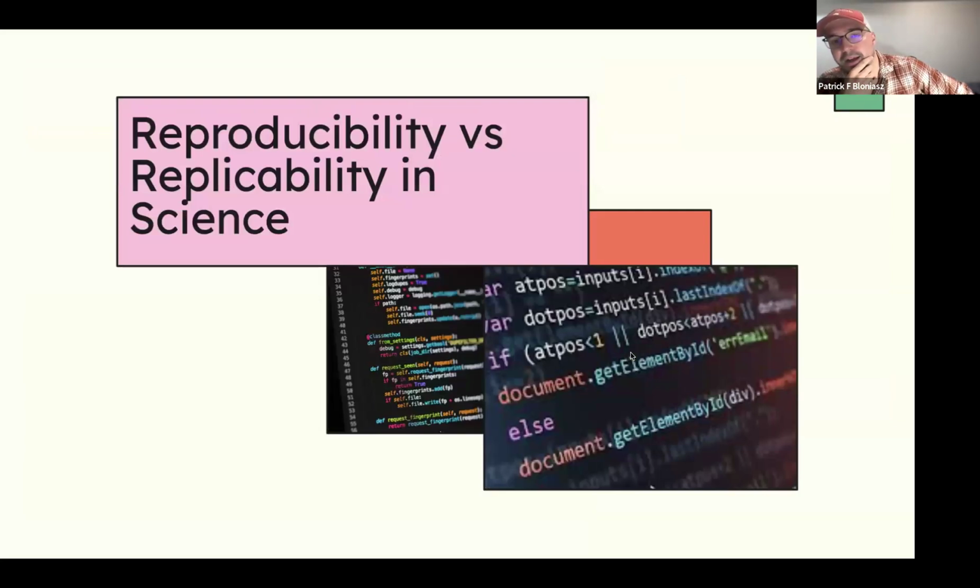And so as we go throughout the rest of this, I want to make one distinction that I think people often fail to make, and it's the difference between reproducibility and replicability in science.